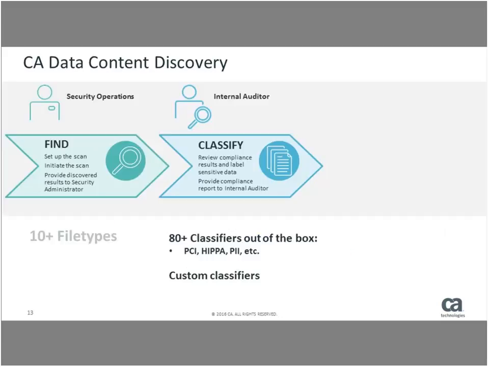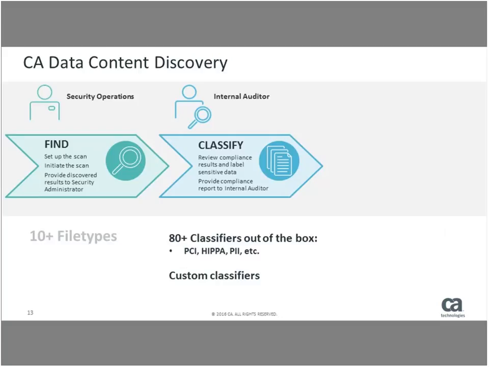Now let's move on to Classify. Now one of the strengths of DCD is we have a very large and deep set of what we call classifiers that are available out of the box. Classifiers are what our engine uses to actually determine whether or not a particular file or a file within a data set is something of concern. And so we have a number of these classifiers, over 80 of them.